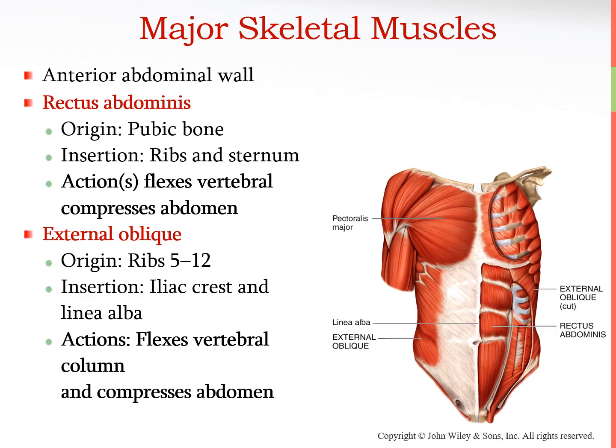In this case, the origins are more inferior than the insertion, very similar to the sternocleidomastoid. So when this muscle contracts, it causes flexion of the vertebrae or flexion at the waist. It pulls the trunk down toward the ground as if you're taking a bow. Okay, the rectus abdominis muscles.